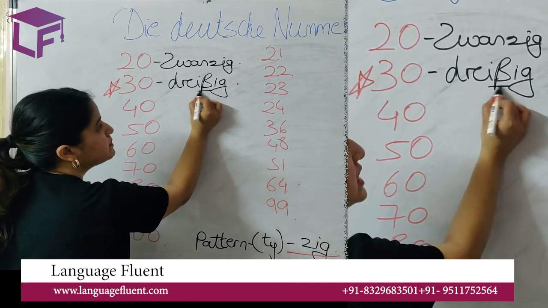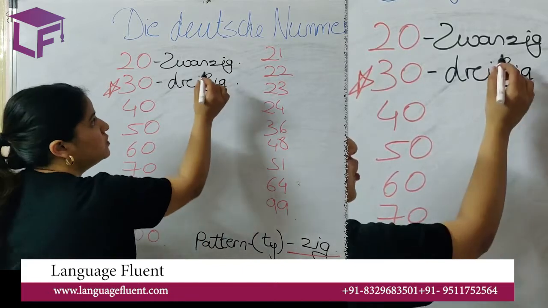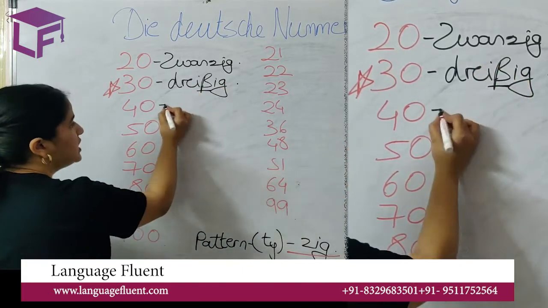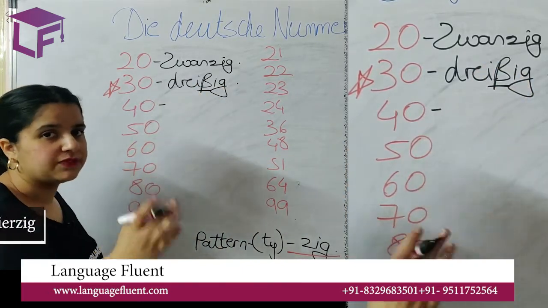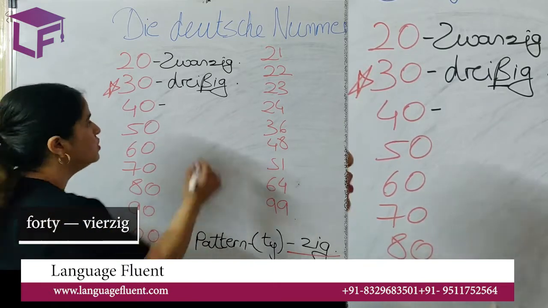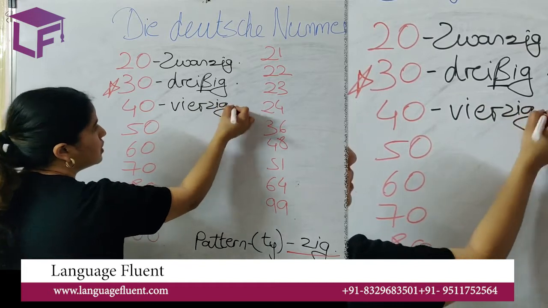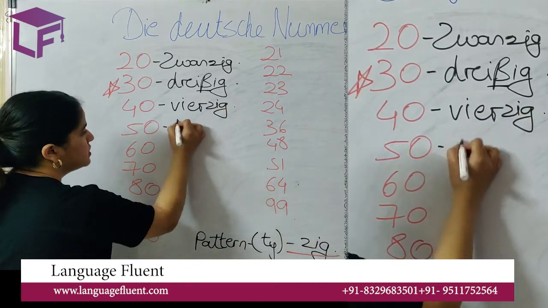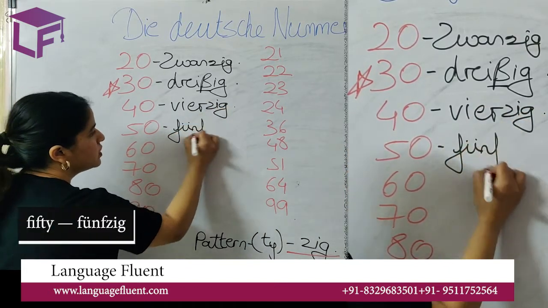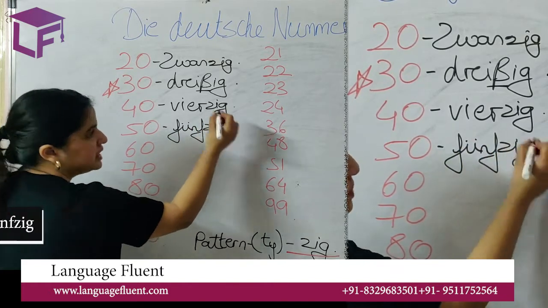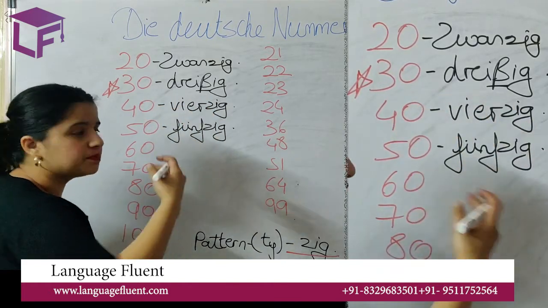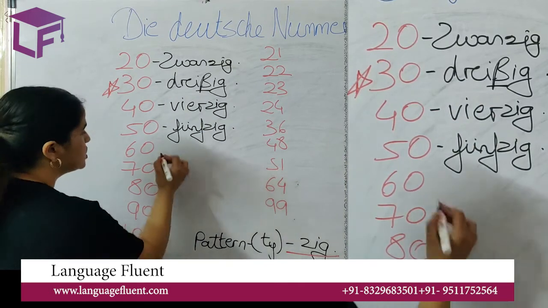So we use this special character instead of zig. 40, same pattern, 4 is fear and we have to add the zig, so fear zig. 50, same, 5 is fuel. Keep repeating the pattern, so zig.